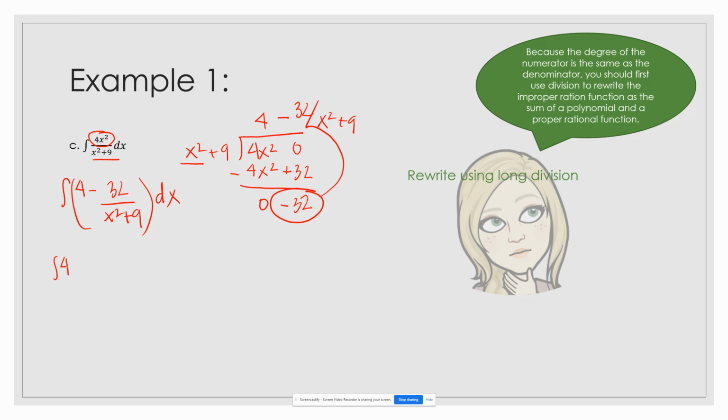So we have the integral of 4 dx minus 36 times the integral of 1 over x squared plus 9 dx. We can integrate the first by increasing the exponent and then dividing by that exponent. So this becomes 4x. And then for this, we're going to look at our integral table.